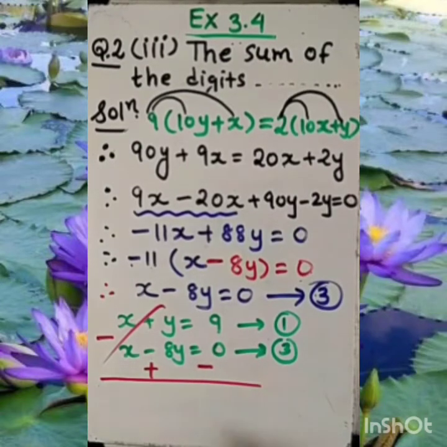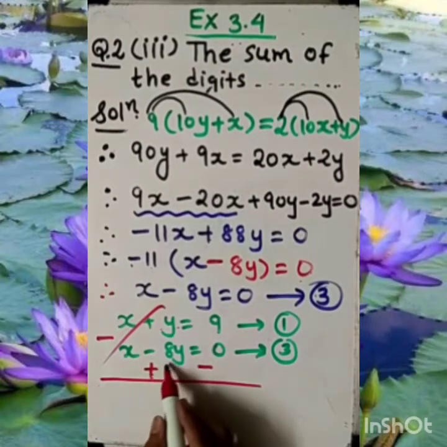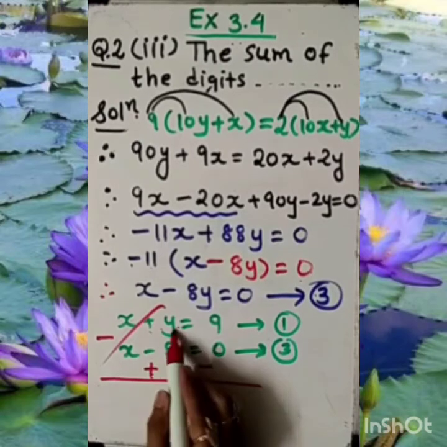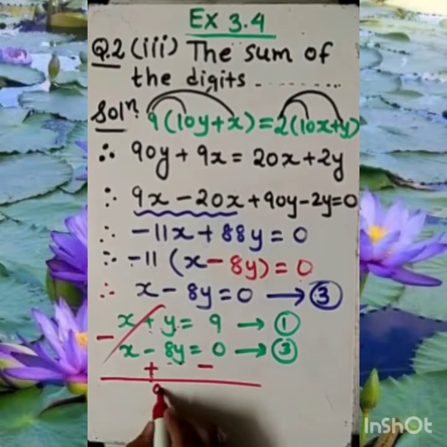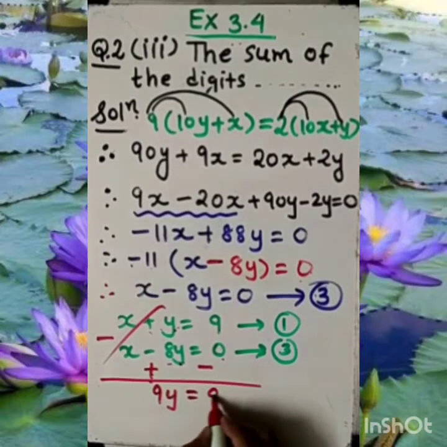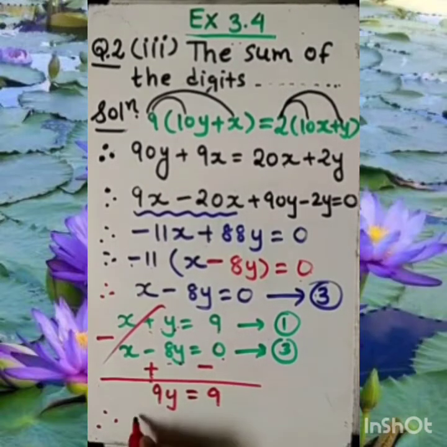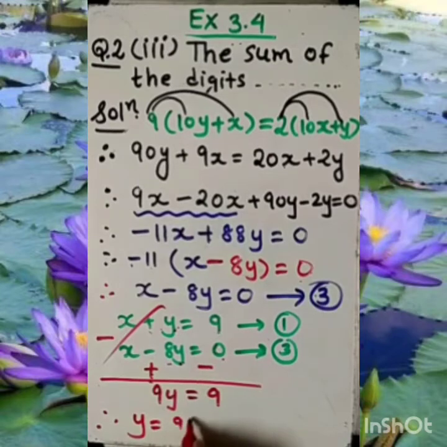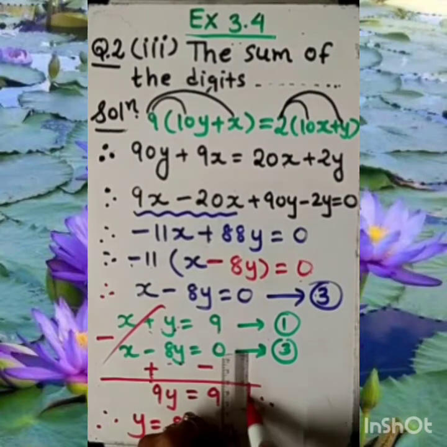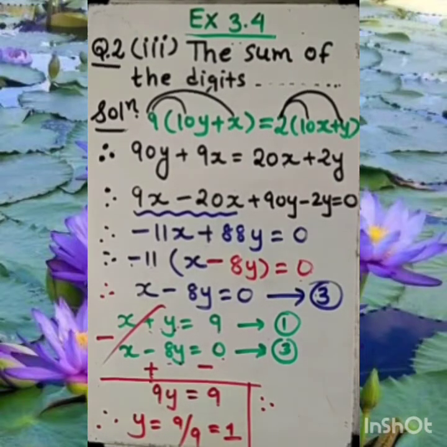So plus y plus 8y. Plus y plus 8y gives the result 9y, equal to 9 minus 0, which is 9. Therefore, y equal to 9 upon 9, that is equal to 1. Therefore, y equal to 1.